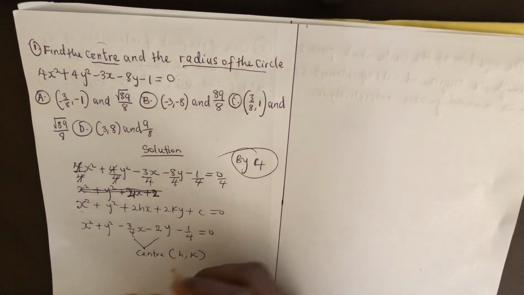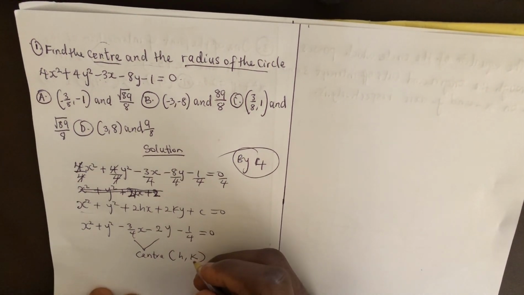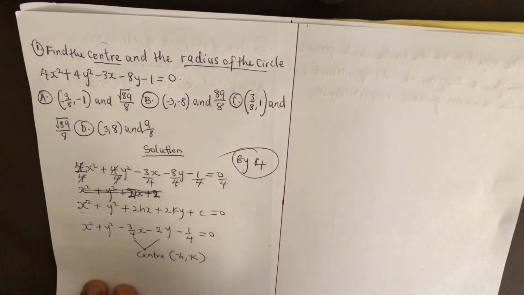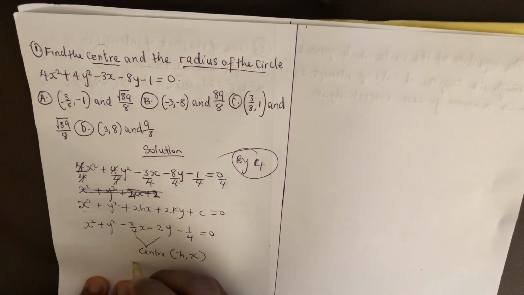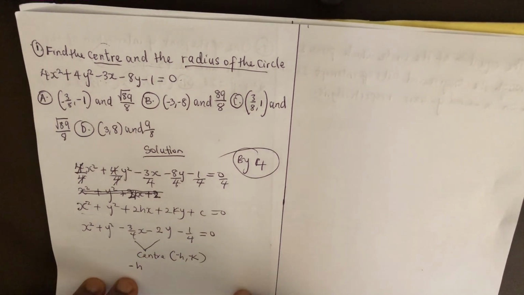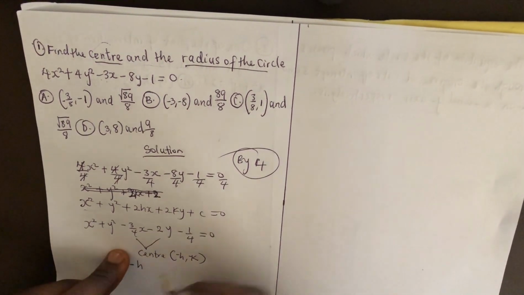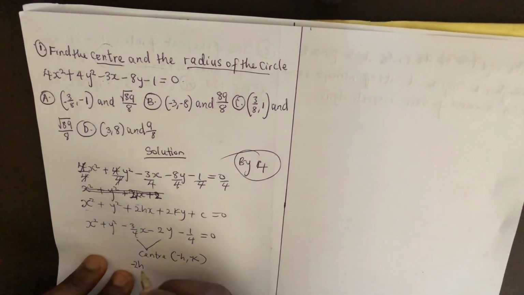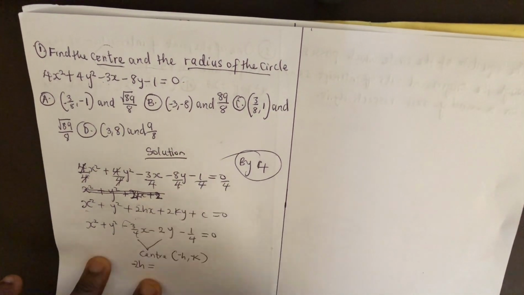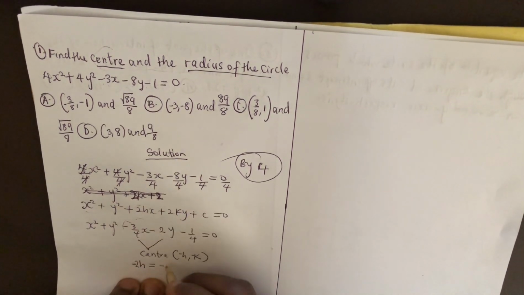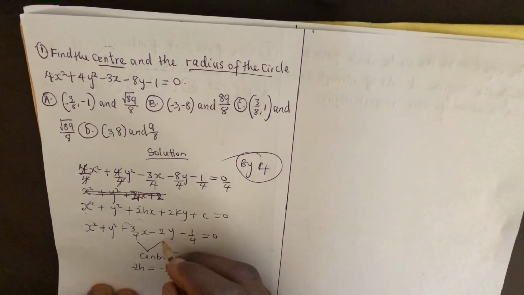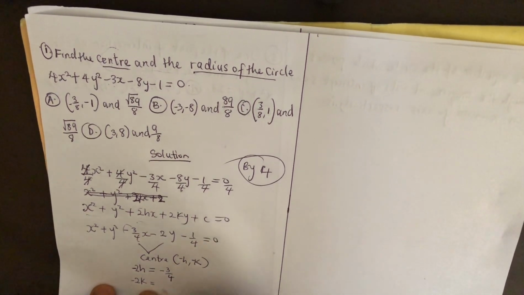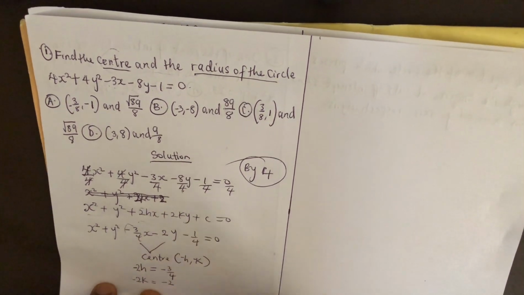So to look for minus h, remember from here we have 2, so we are going to put 2 here. Minus 2h is equal to this coefficient, minus 3 over 4, and then minus 2k is equal to this coefficient, minus 2.